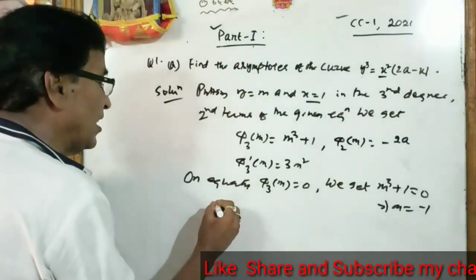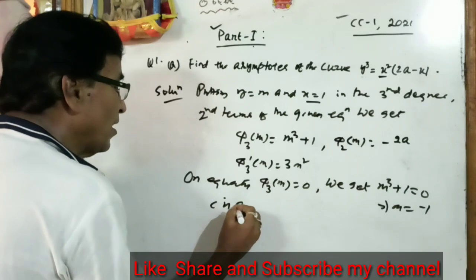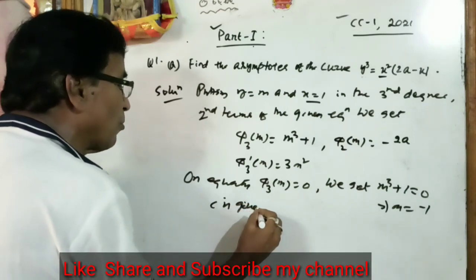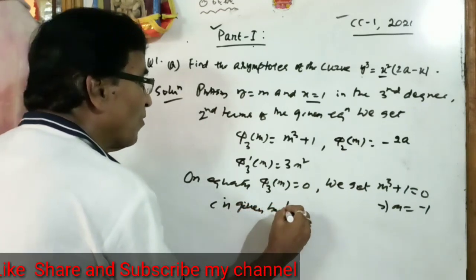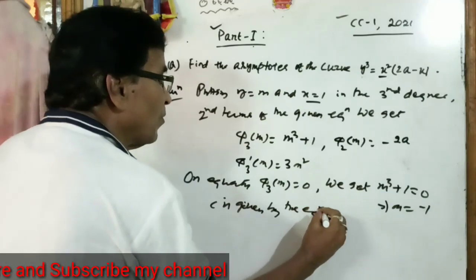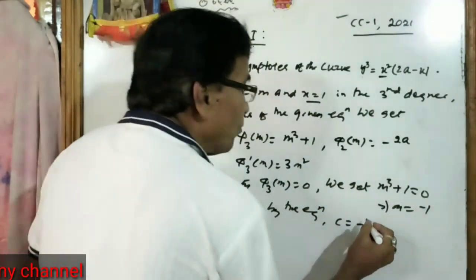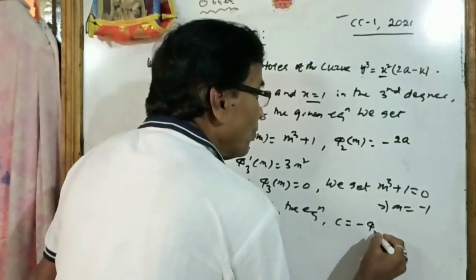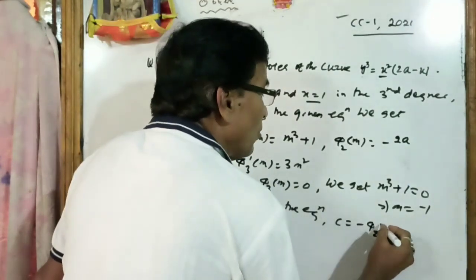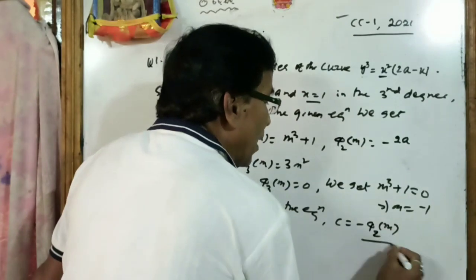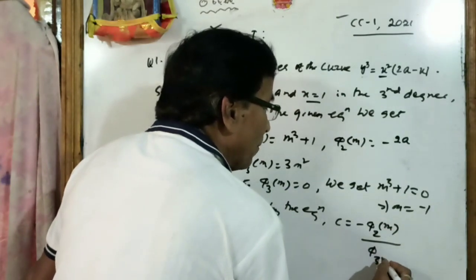So we know that C is given by the equation C = -phi 2(m) divided by phi 3 dash (m).